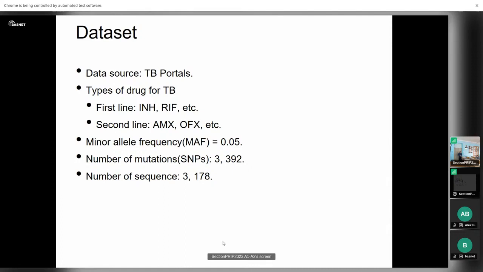We use 20 drugs for this test, and the max was set to 5%. After filtering, the SNPs number was 3,392, and the samples number was 3,108.